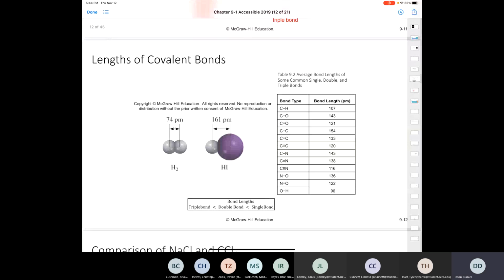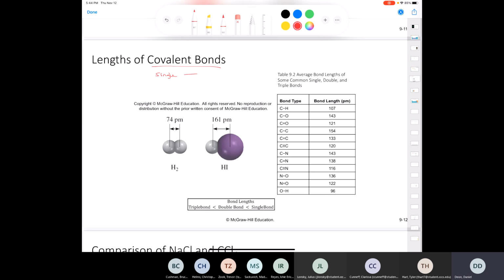We were right around here. What's important is that you understand that covalent bonds, whether they are single, double bonds, or triple bonds, have an effect on bond length. That's summarized down here.